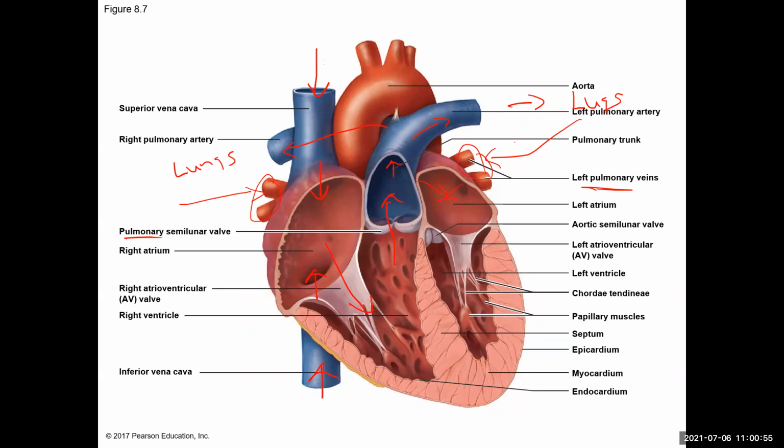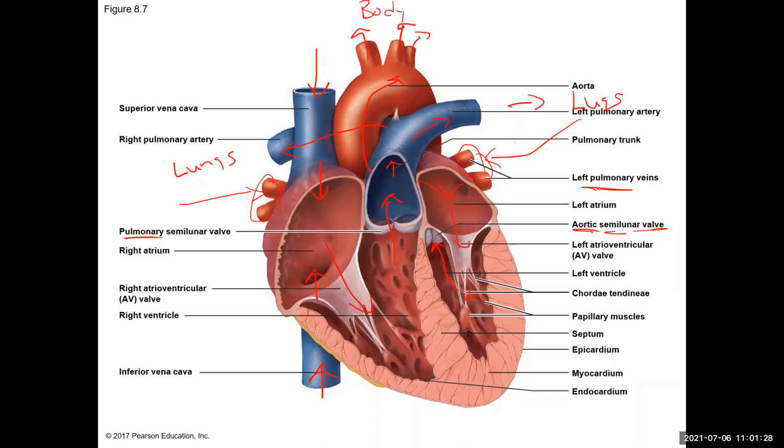So now the blood is oxygenated. The left atrium will contract, will go through the left atrioventricular valve, into the left ventricle. That left ventricle will contract. Your blood will be pushed through the aortic semilunar valve and into the aorta, where it then will travel to the rest of the body.